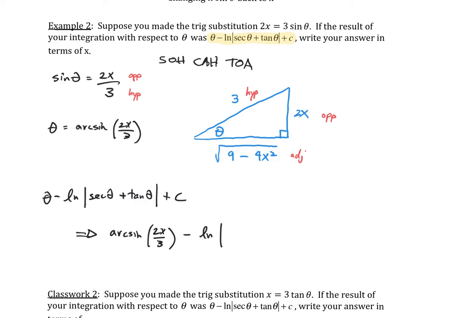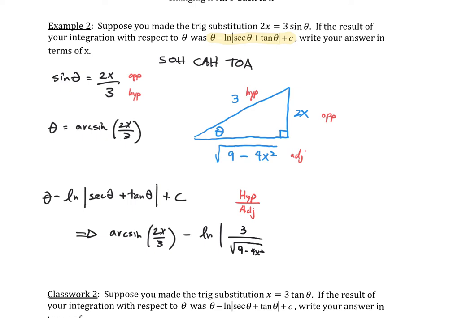Now secant theta is 1 over cosine theta, which means that secant theta should be equal to the hypotenuse over the adjacent side. So our hypotenuse is 3, and our adjacent side is the square root of 9 minus 4x squared.